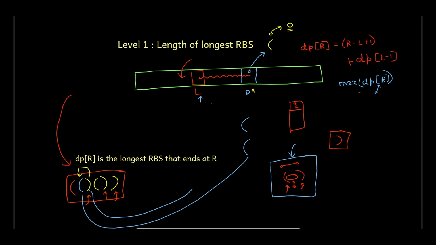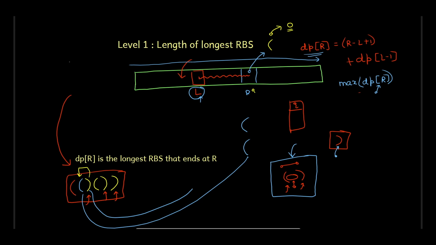In this manner, you can pre-compute L for each R. How can you do that? Just run your normal valid parenthesis algorithm and keep track of which index popped which index. So if you see a closing bracket, then whatever you pop is your L, and that L will be used in this DP computation.